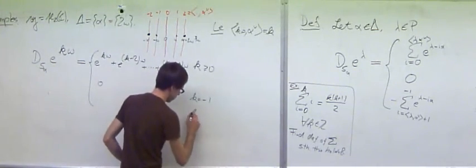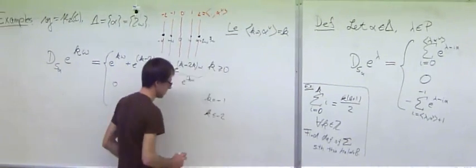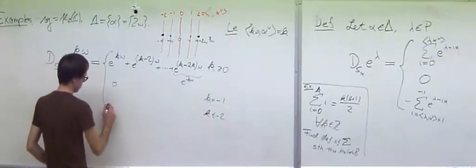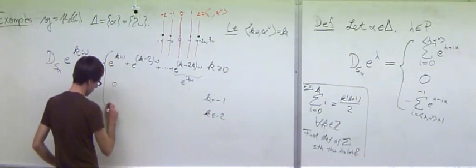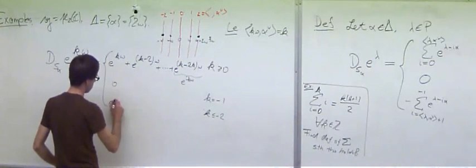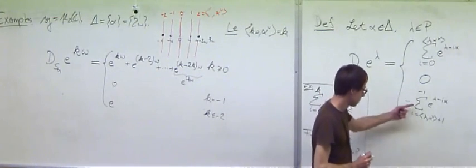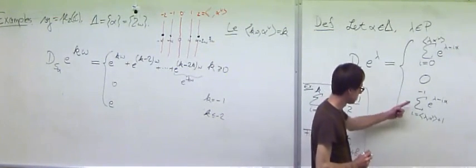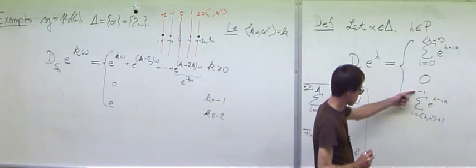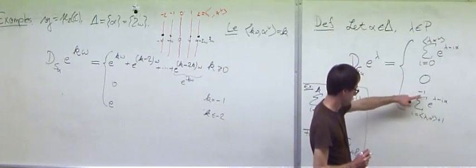And if k is even smaller, then it's e to the... let's consider this sum backwards, because it's easier to think about it like this.